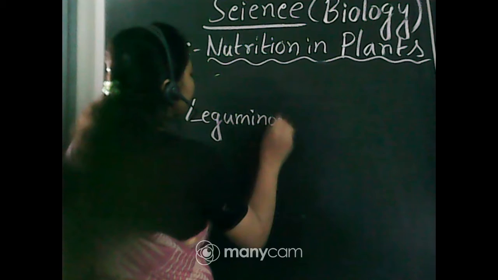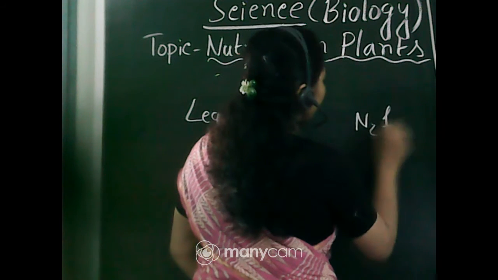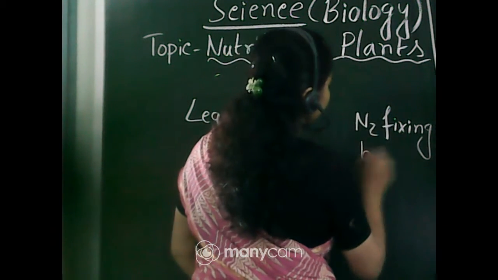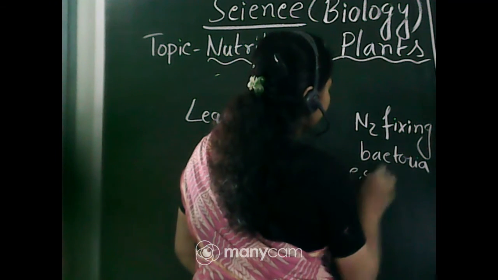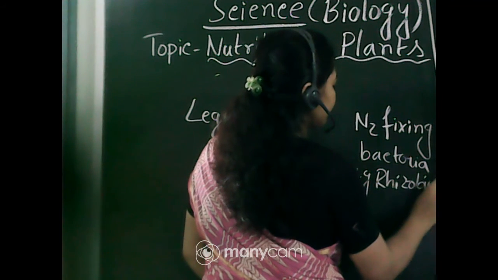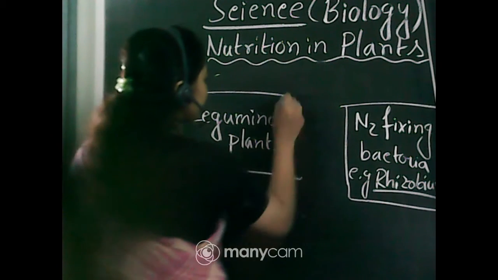Nitrogen fixing bacteria, for example, rhizobium. How are they in a symbiotic relationship?